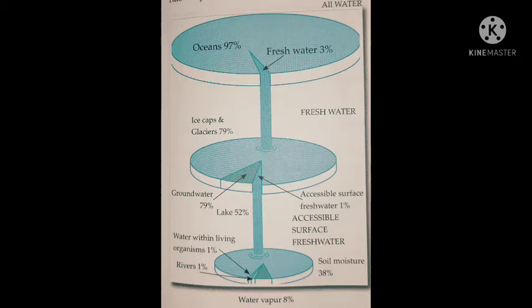Students, you can see in this image all water. 97% of water is in oceans. The fresh water is only 3%. In that 3%, 79% of water is in the form of glaciers and ice caps.